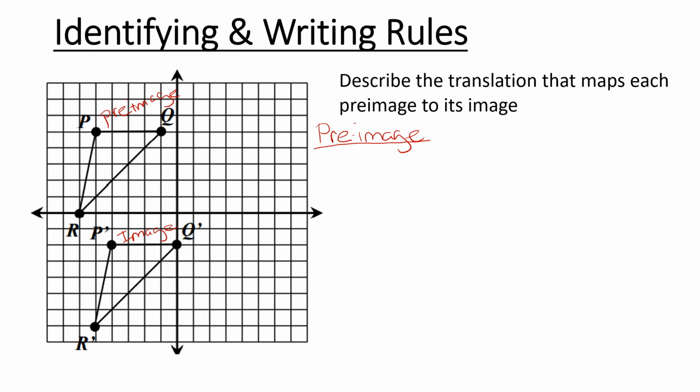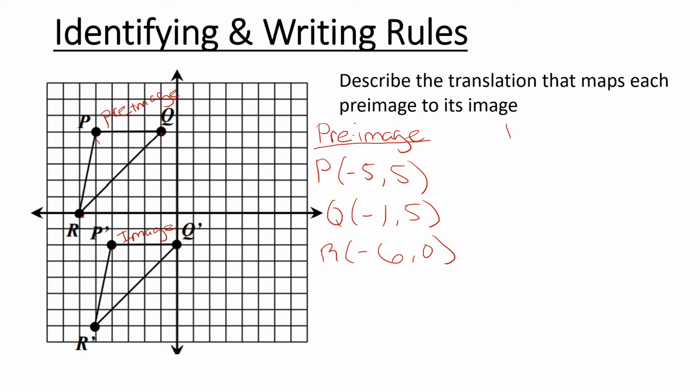So P, not P prime, just P for my pre-image: the ordered pair for P is (-5, 5). The ordered pair for Q is (-1, 5). And the ordered pair for R is (-6, 0).